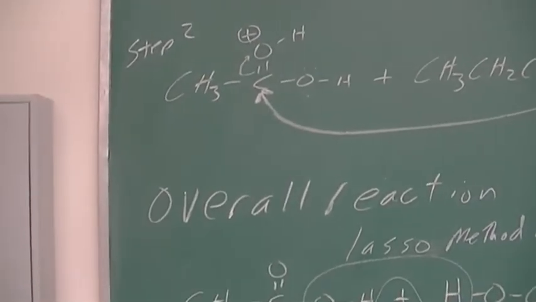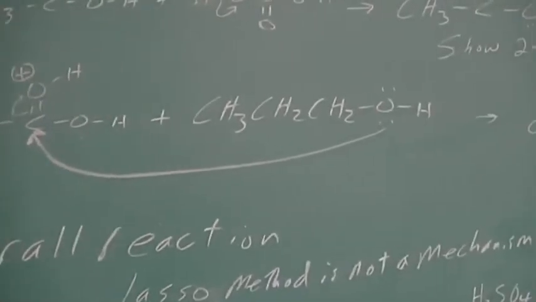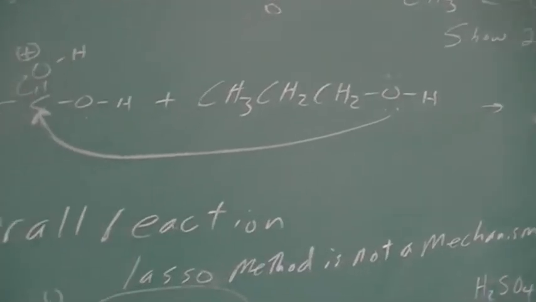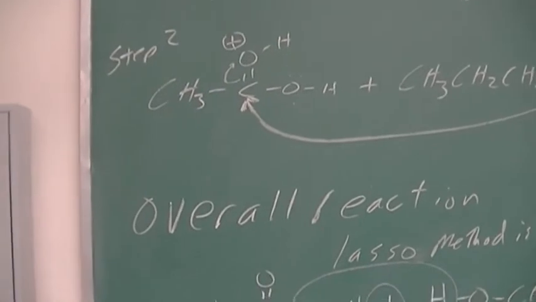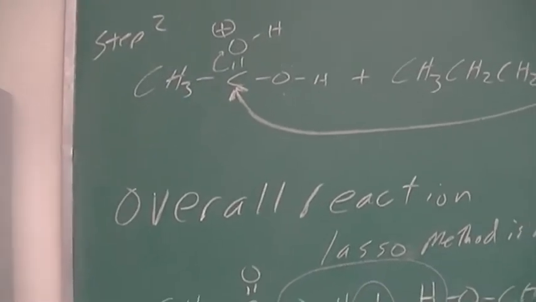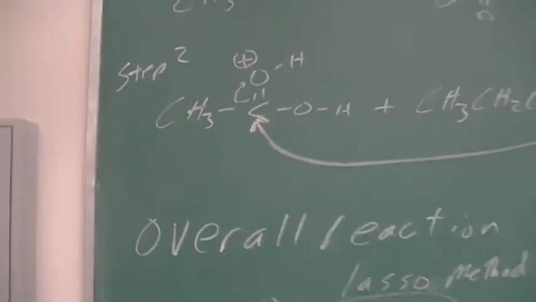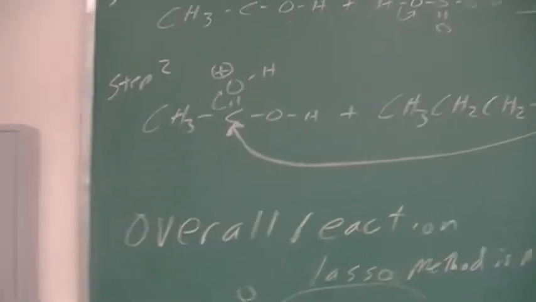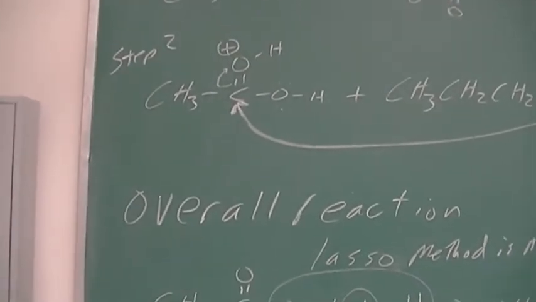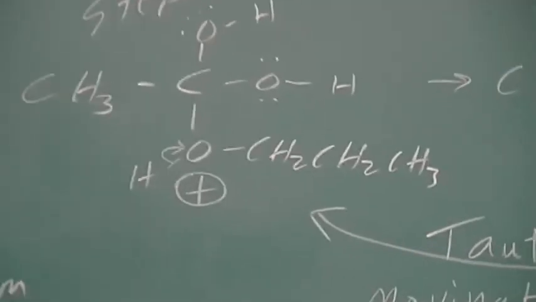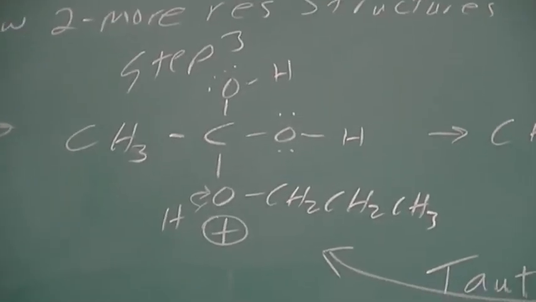That carbon is very positive, and so the electrons from your oxygen come and attack that very positive carbon. In one of the resonance structures, it is a full +1. Alright, and then the electrons go to the more electronegative oxygen, and you have your structure right here.